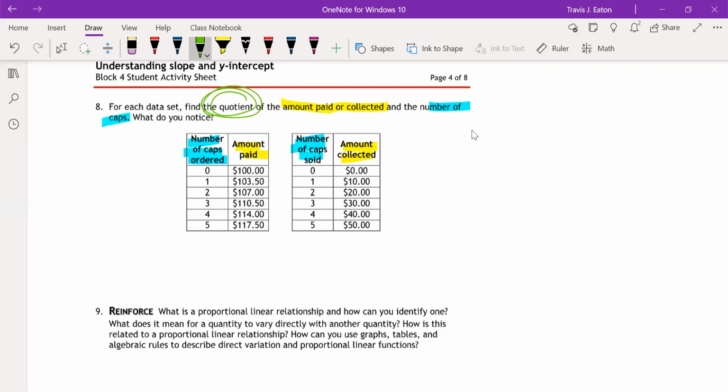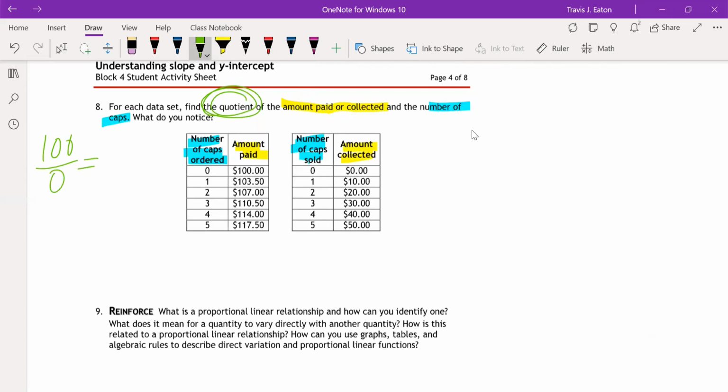Okay, so what are we noticing if we're looking at that? Well, let's take, first of all, the table on the left, the number of caps ordered versus the amount paid. 100 divided by 0. What is 100 divided by 0?